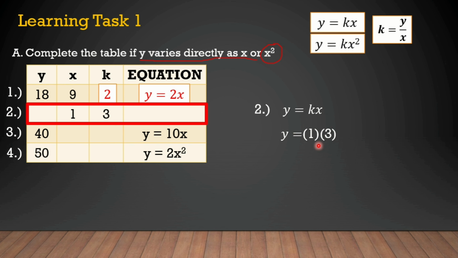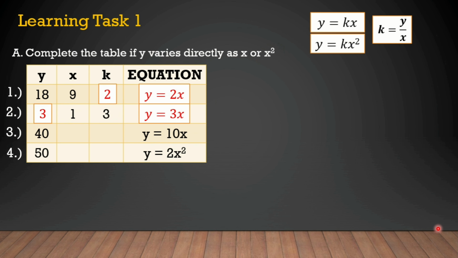So, ang x natin is 1. Ang k natin is 3. So, pag binaliktad nyo naman yan, okay lang. Same pa rin naman ang lalabas doon. So, 1 times 3 is equals to 3. So, y is 3. Okay, so ang equation naman natin, ito pa rin ang gagamitin nating formula. Palitan lang natin yung k ng 3. So, y is equals to 3x.